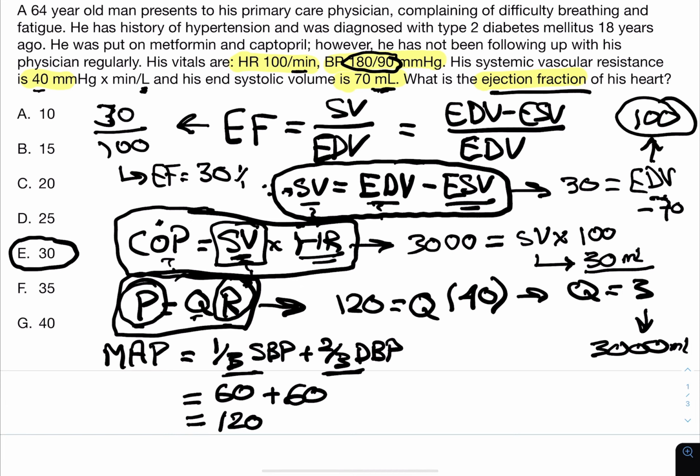And so from this formula, we could figure out the cardiac output. And then once we figure out the cardiac output, we could plug it into this formula here to figure out the stroke volume. And then when we find the stroke volume, we could go back again and plug it into this formula here to figure out the end diastolic volume, and then finally go back to the first formula and plug it into the ejection fraction formula to figure out the ejection fraction.